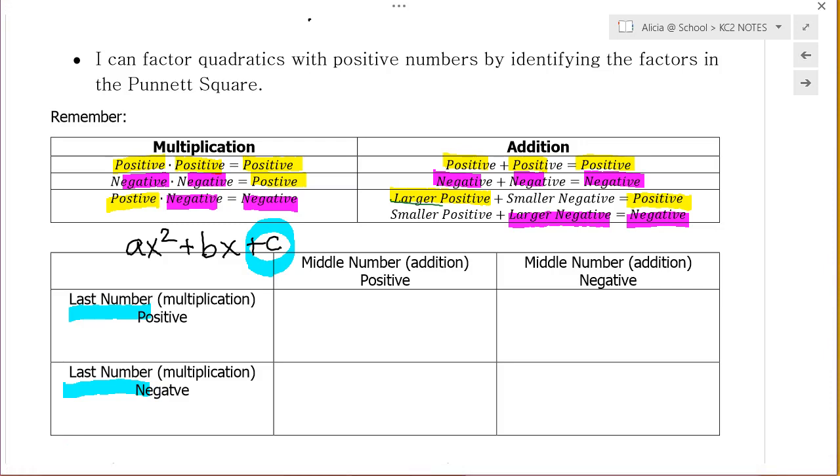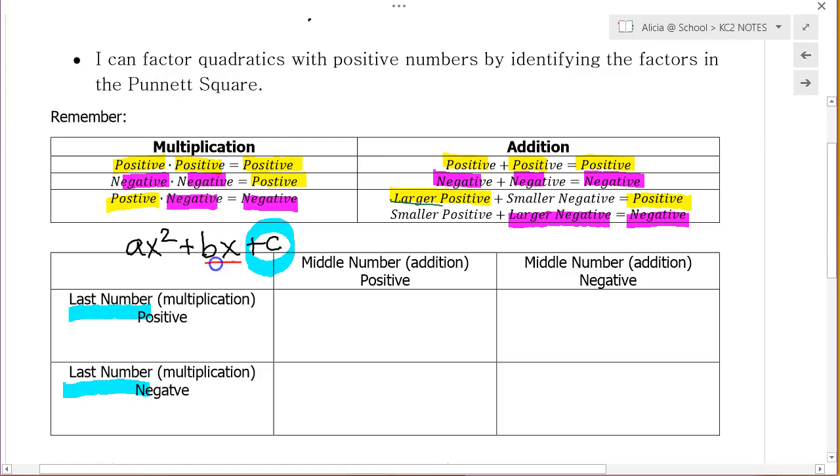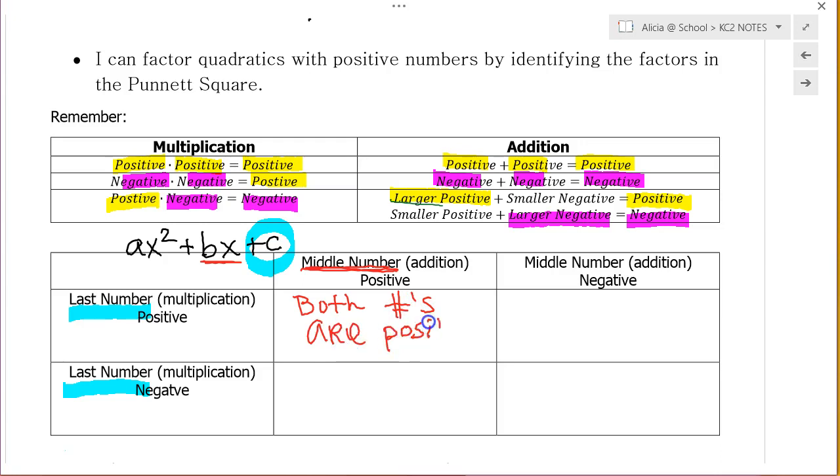And if it's positive, and our middle number, which is bx, also is positive, then what that means is that both numbers that we're going to use to factor that quadratic are positive. If they multiply to a positive and our middle number is a positive, both answers are going to be positive.